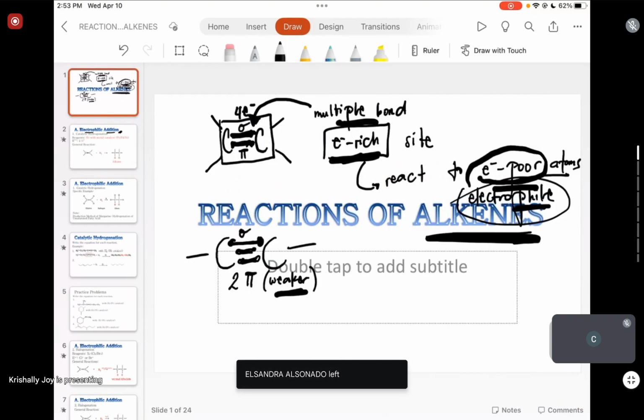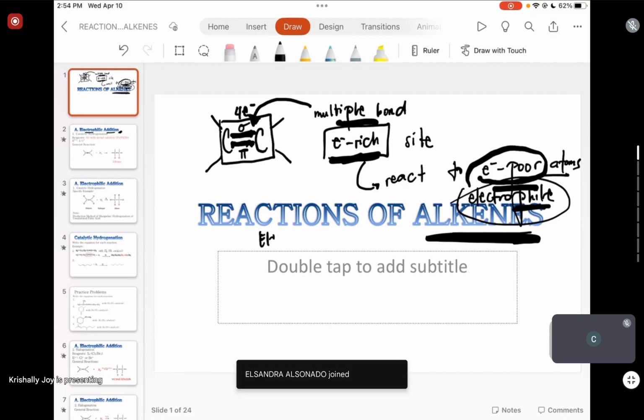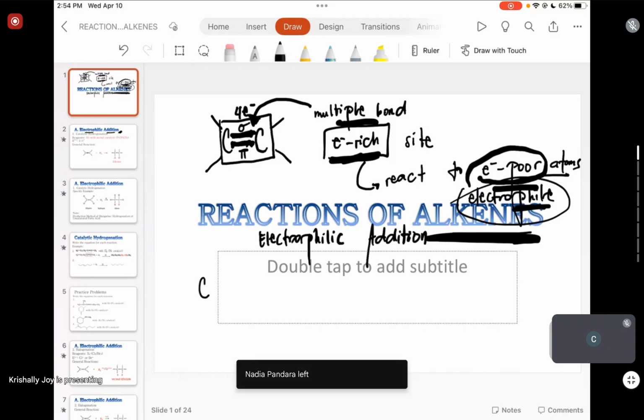Okay? So how does electrophilic addition happen? Paano ba siya nangyayari? Electrophilic addition. Okay. So let's say this is any alkene.